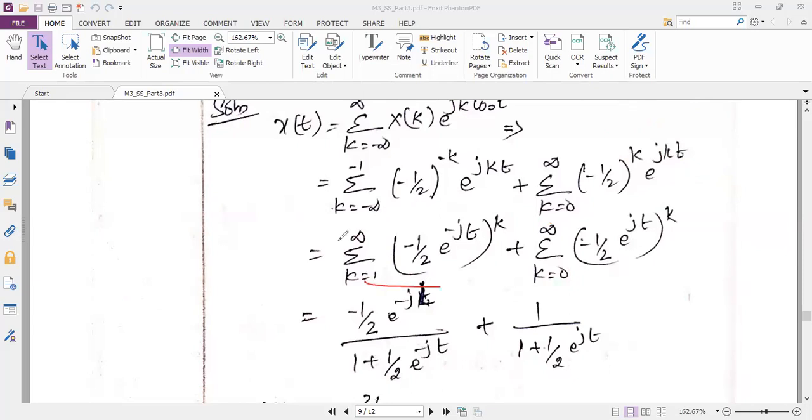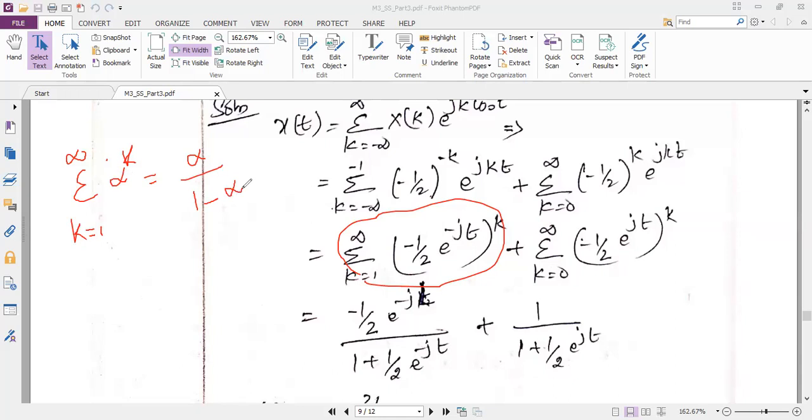Now if you have the formula like this, listen here, summation k is equal to 1 to infinity. I need to apply the formula. I think this formula in mathematics is called the geometric series formula. So if I have a summation k equal to 1 to infinity alpha power k, then just write down the formula: it is alpha divided by 1 minus alpha.